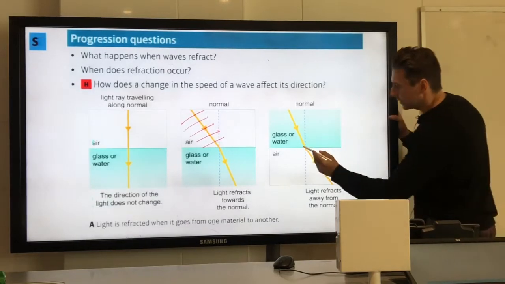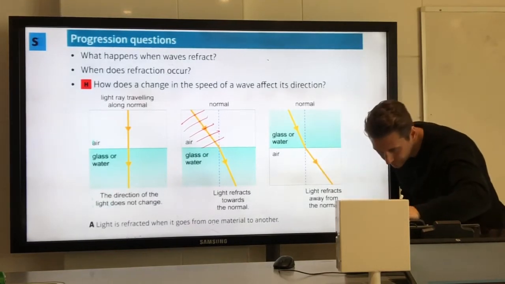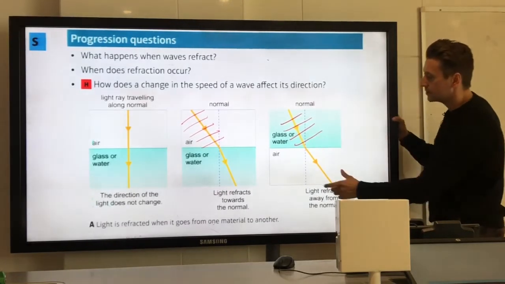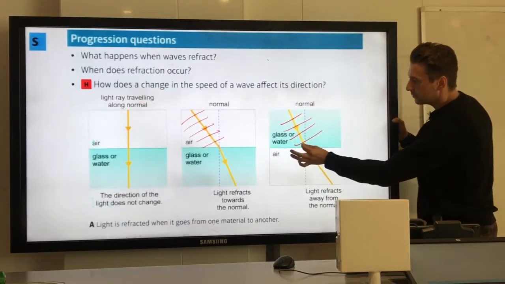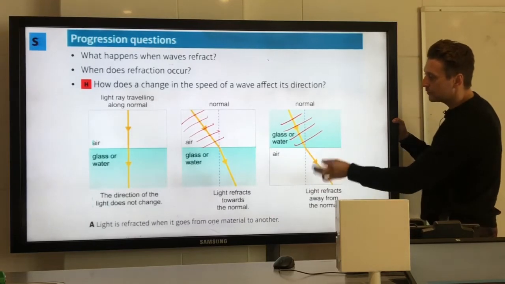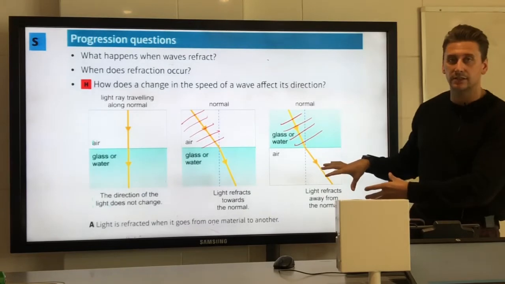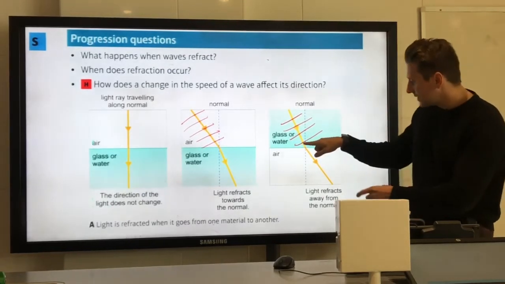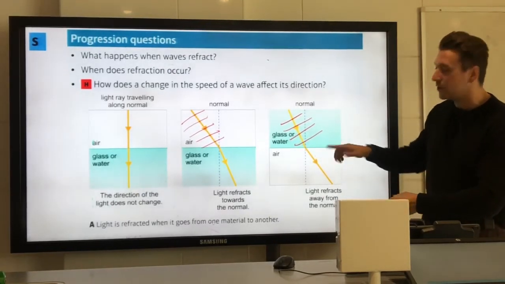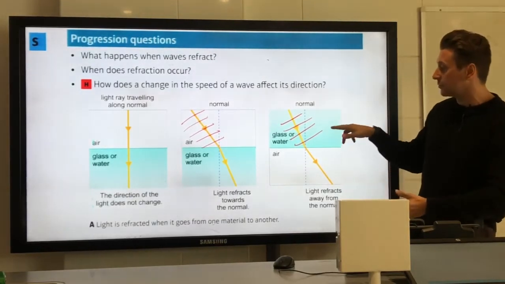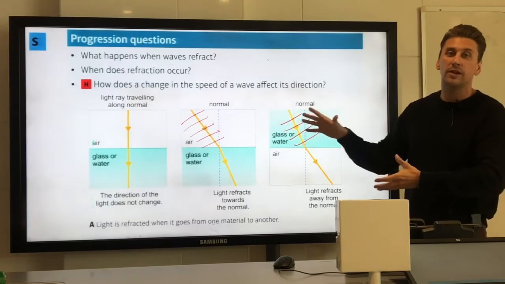So here you have your wavefronts again hitting the boundary from water to air. This side of the wavefront will leave the boundary first, meaning it will speed up first. So this one is high refractive index to low, they're going to speed up. This side of the wavefront will speed up first, meaning that it's going to take over the other side slightly until this one leaves, turning the wave away from the normal.